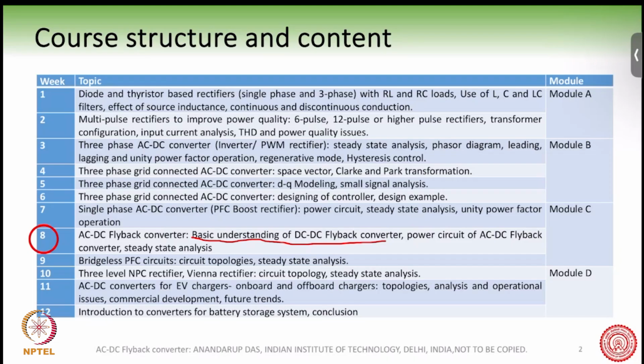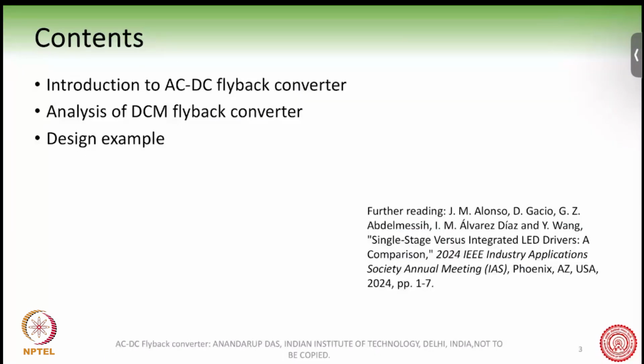Today we will talk in more detail about the AC to DC part of the flyback converter and some steady state analysis and equations. We will also have a small design example, and we will show you some simulation results at the end of the lecture. You can also look into these additional reference materials.